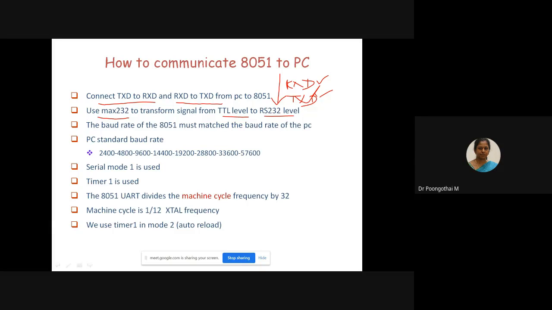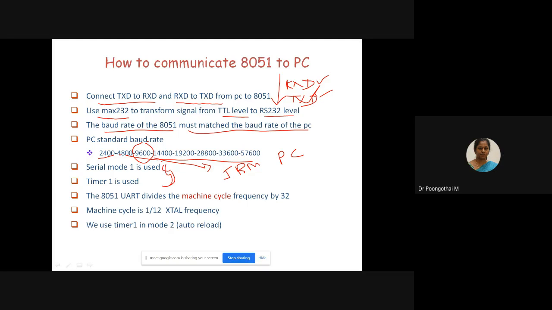Next, the baud rate, the data transfer rate of the 8051, must match the baud rate of your PC. There are many types of baud rate, and in our applications we are using 9600, which is compatible with IBM PCs. These two points are very important. I will talk about serial mode and timer in later sections.